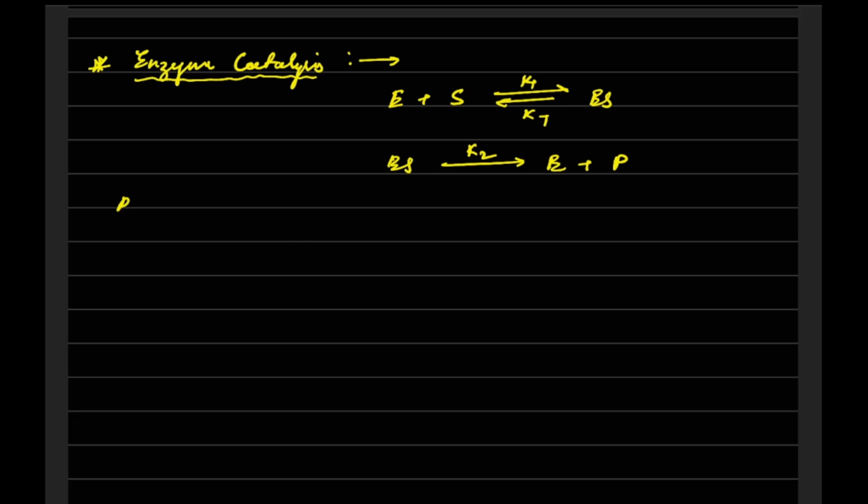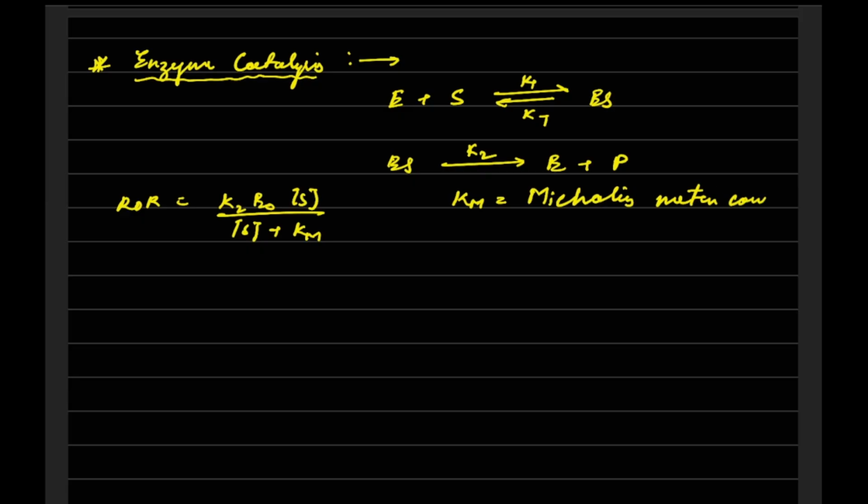For this, the rate of reaction is equal to K2 E naught S by S plus Km, where Km is the Michaelis-Menten constant, which is equal to K-1 plus K2 by K1.